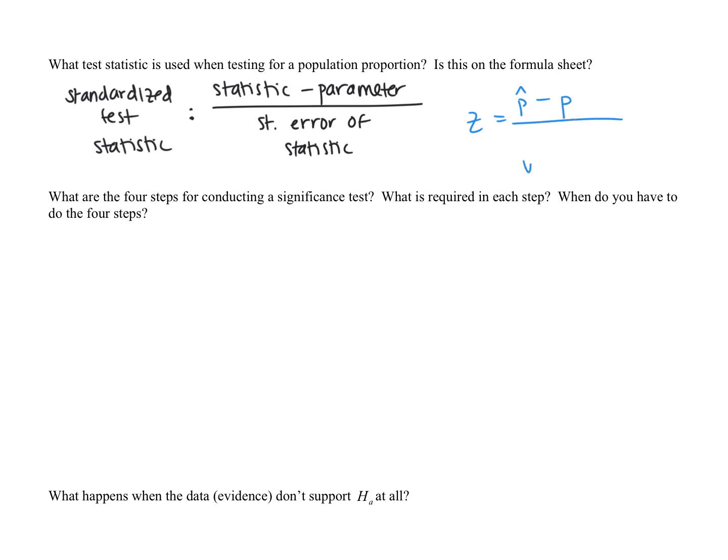And then if you were to look up the standard error formula, it's going to have p hat, 1 minus p hat, all over n. This is the part that's going to be hard to remember. You're not going to use p hat, you're going to use p. That's because we have the value of p. We are assuming p to be true in the null. So that's what you're going to use.